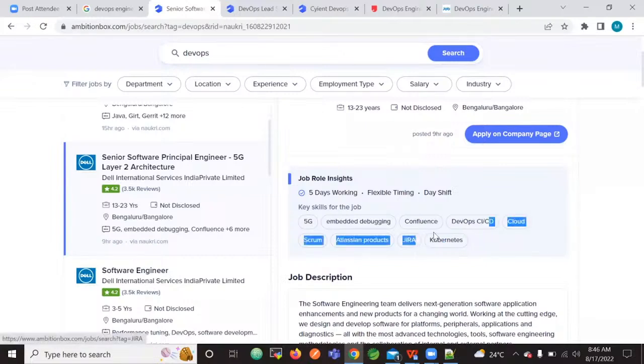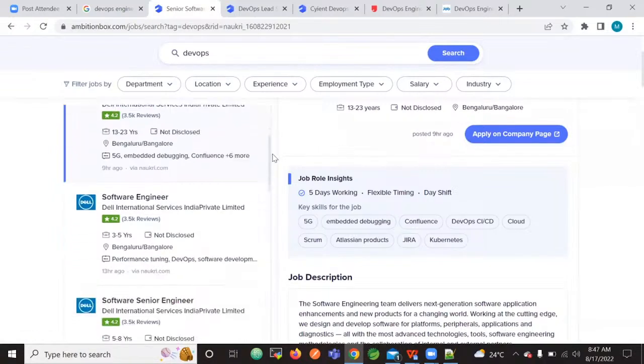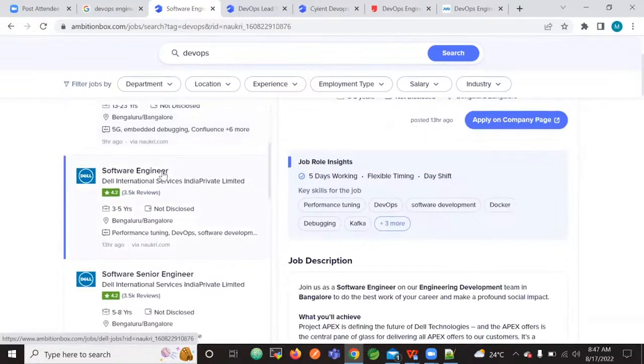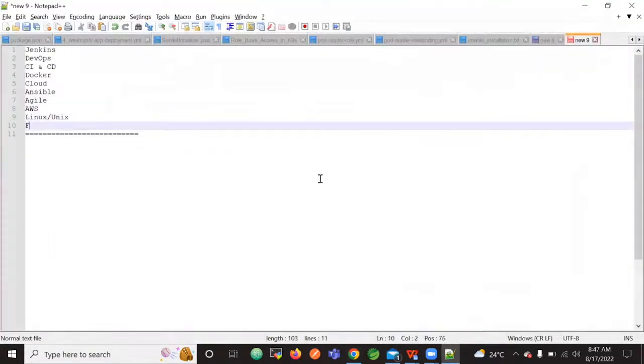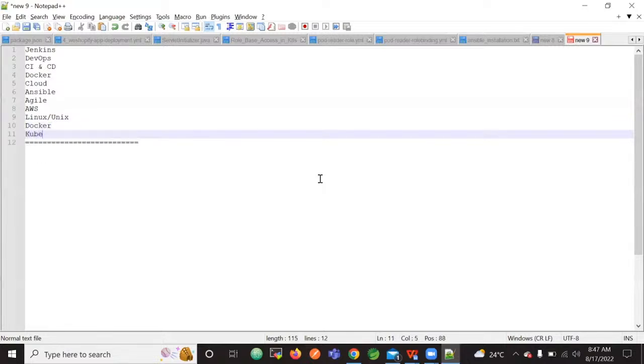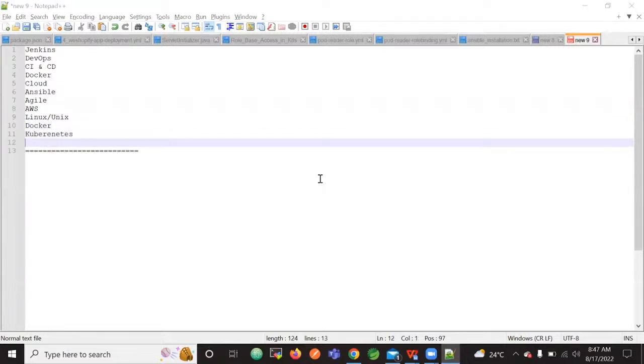They didn't mention which cloud they want, but they mentioned DevOps, CI/CD, cloud and Kubernetes. Let us scroll down. Software engineer: here they are asking for Docker, Kubernetes, Python, Kafka, DevOps, performance tuning, and all. Two job roles asked for Docker and Kubernetes. Okay, then next.